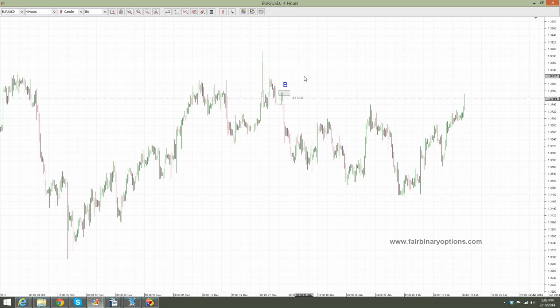Actually, what it means is that the triangle has a special form or shape named running variation of a contracting triangle.